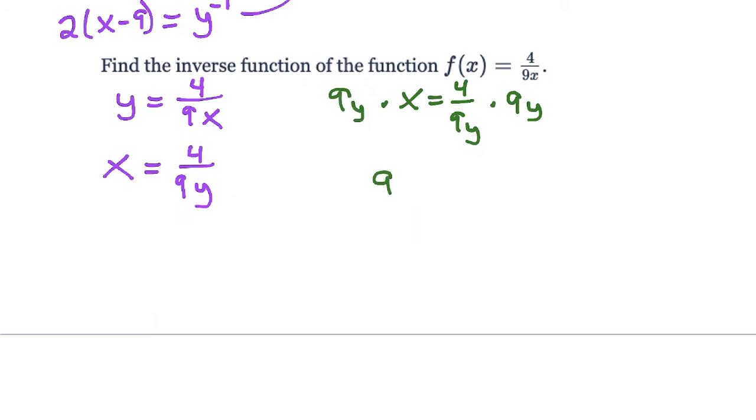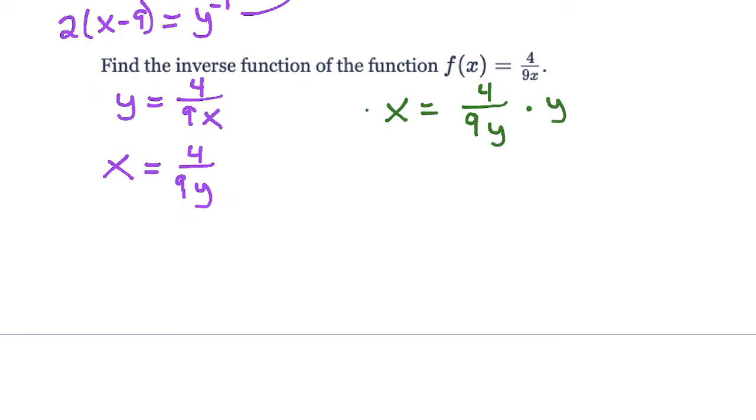So I have 9y times x. Actually, let me back up. I really don't need to do that. I don't need to move the 9. I just need to move the y. So let me redo that. x equals 4 over 9y. If I multiply this side by y, I have to multiply this side by y. I would now have y times x equals 4 over 9.